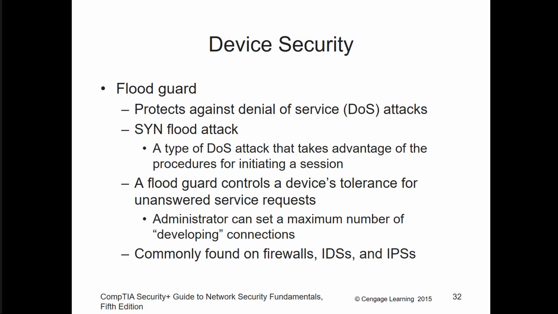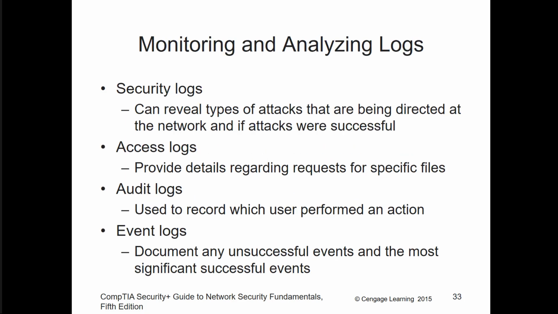Okay, so now that we've talked about IDSs and IPSs, I know we talked about them in previous chapters, we have to talk about being able to monitor logs. Logs have different forms. Typically we're looking at security logs, access logs, audit logs, and event logs. While they all may be logs, they're classified different ways. A security log can reveal types of attacks that are being directed at you or your network.